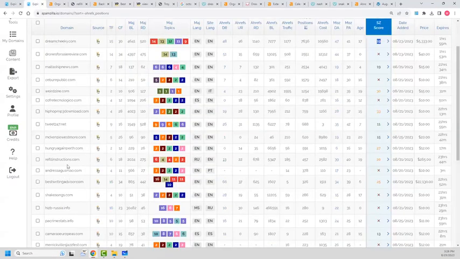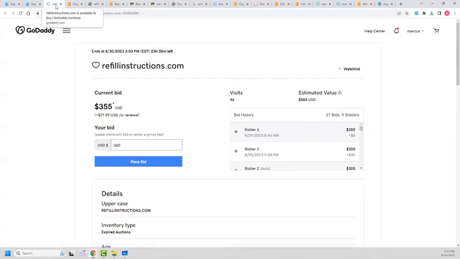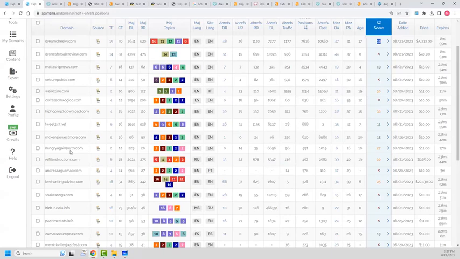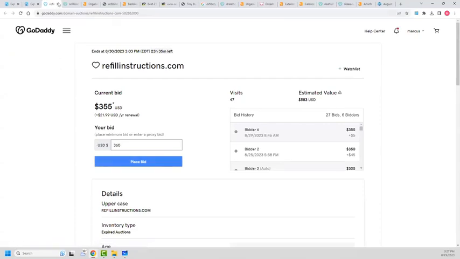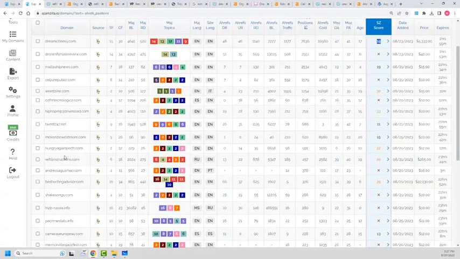Okay, which basically means they're selling it beforehand. So this one here, refill instructions, 265. I got to ask myself, could I sell that domain for 265 or 355 as it were? Well, I don't know. That's a funny one. Maybe we could look at the backlinks there. That's not the backlinks. Backlinks, where are you?